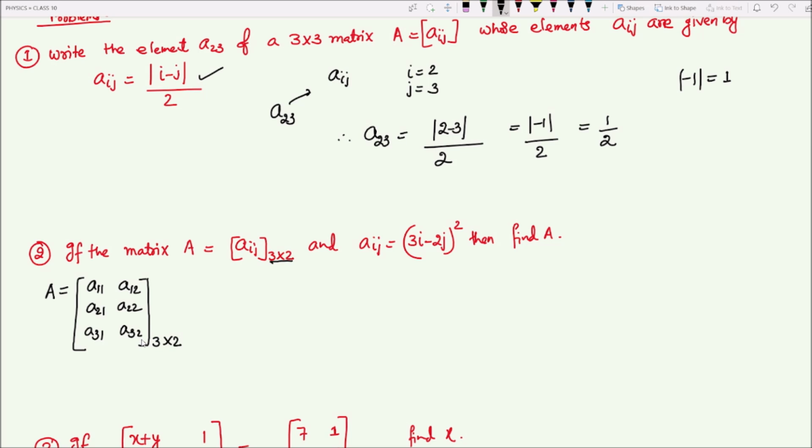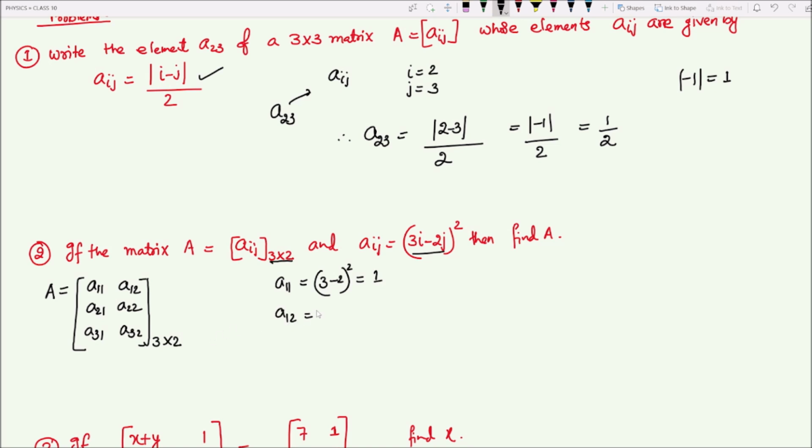Now we have to find all the elements. A11 is equal to, using this result, (3 minus 2) squared, that means 1.